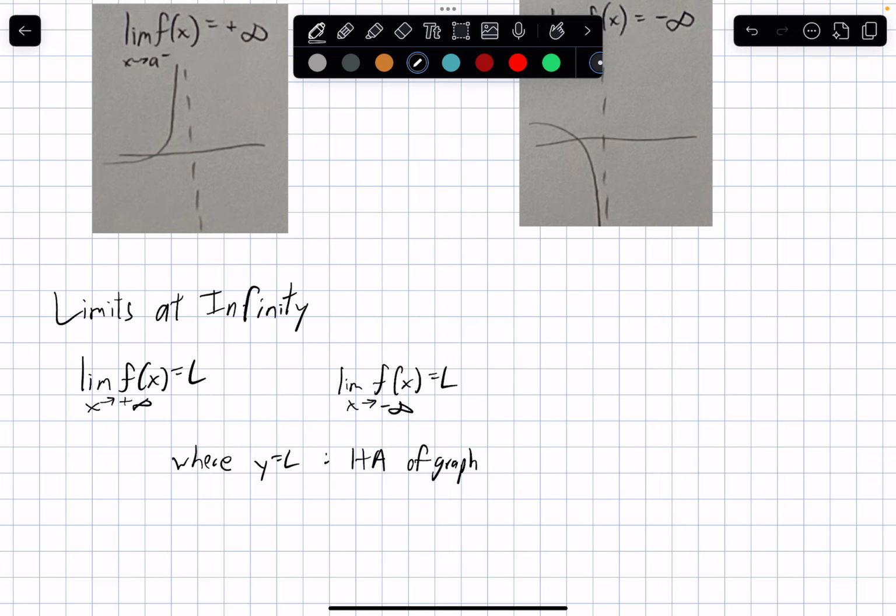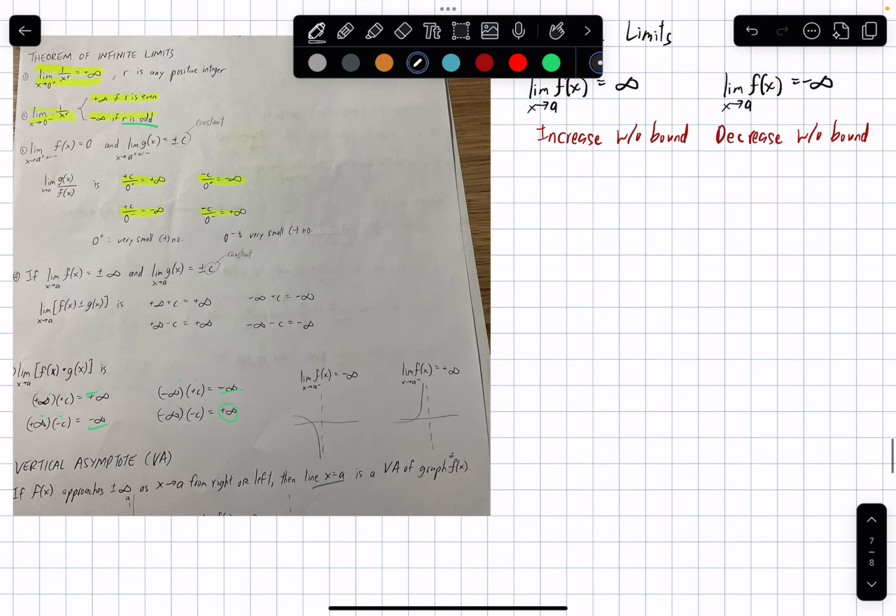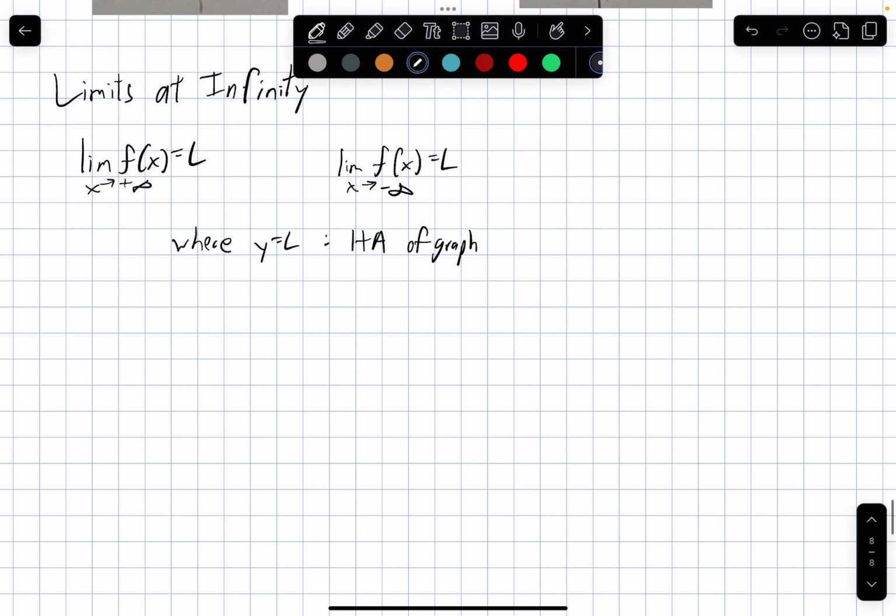Earlier, we discussed the vertical asymptote. This time, let's talk about the horizontal asymptote, abbreviated HA. This is the horizontal line that a graph approaches but never touches as x approaches infinity or negative infinity. If you want to determine the point of intersections, you'd solve for x in f of x equals L.